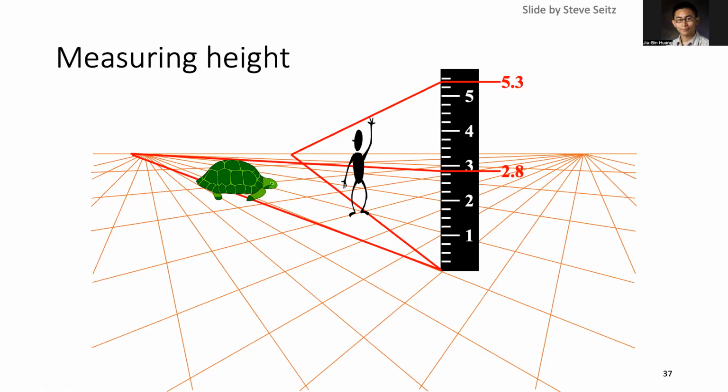From a single image, you can actually use this cue to estimate the height of a person, by looking at the vanishing points and the surroundings. For example, if I take a picture of me and this table, and I know the table height, I will be able to guess what my height is, by compensating for these perspective cues.